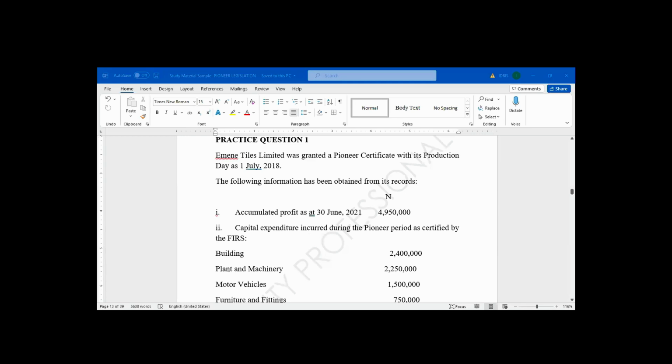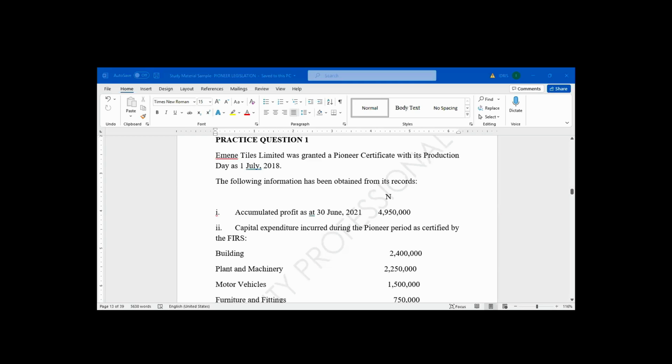I'm trying to open an Excel so that we can solve the question using Excel templates. So just give me a few minutes. So we start solving the question using Excel templates. I think that will be the best rather than explaining this question.